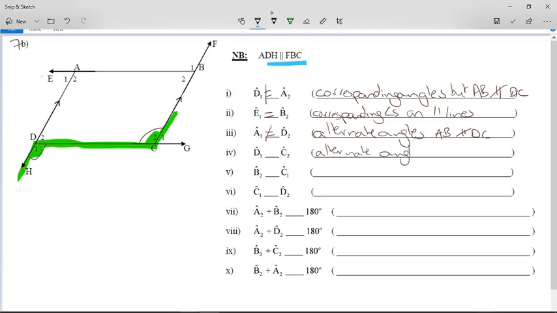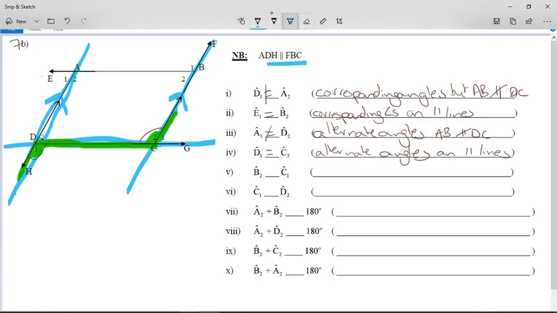Now, where are my parallel lines? Here is the one line and it is parallel to this other line. You can extend the line a little bit if it helps you think. And here's my transversal. You can see my green markings are clearly making a Z here. So these are alternate angles on parallel lines, which means they will be equal.